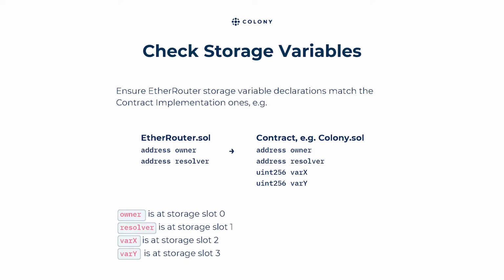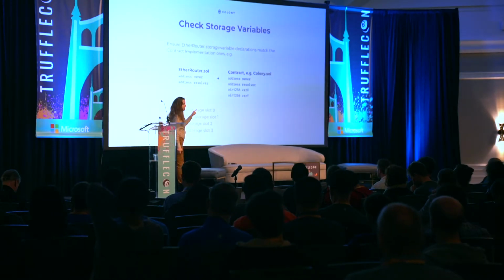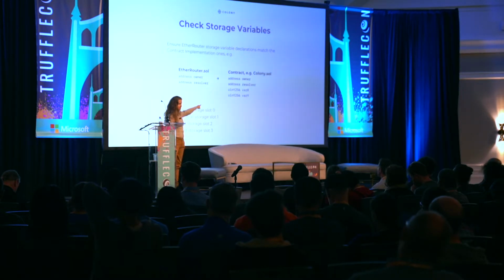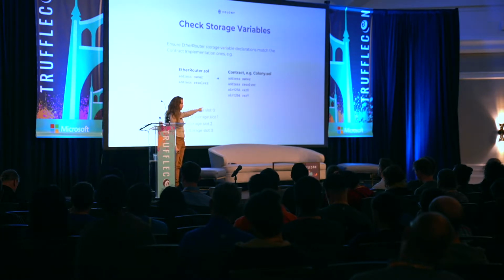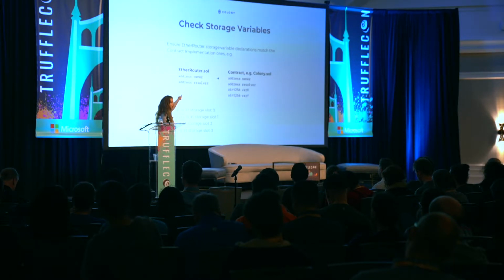So if those two address fields in the implementation contract weren't there, what colony thinks is that in storage slot 0, it has variable x. So it has no concept of e-router storage layout. So if you have a function that sets variable x to 1, and that executes against e-router, it's going to store variable x of 1 into the owner field, which is storage slot 0.